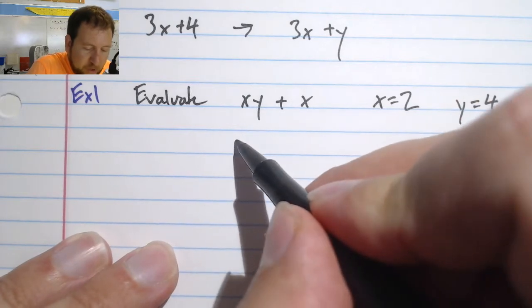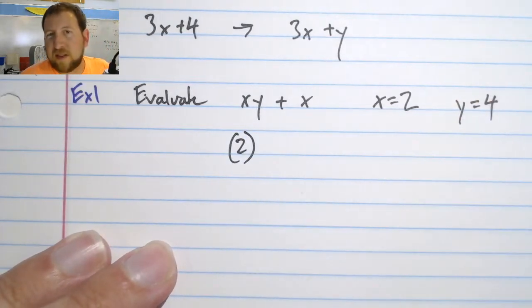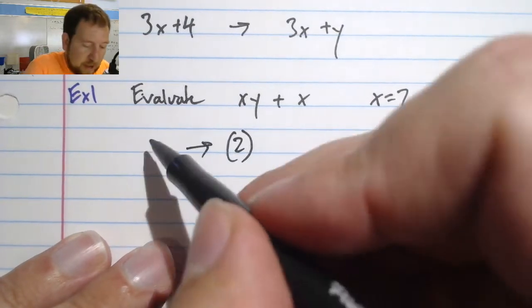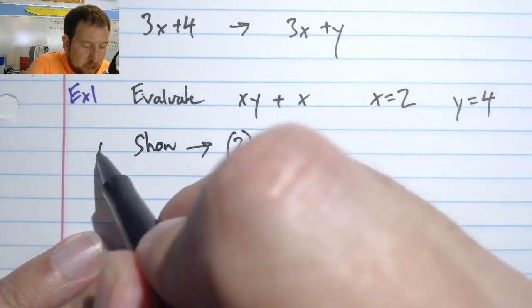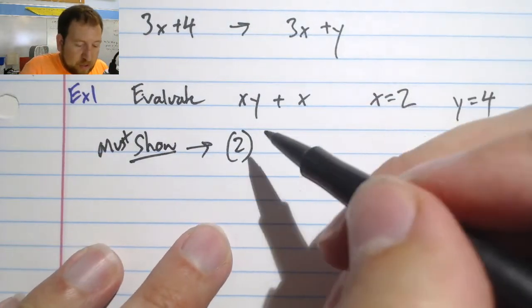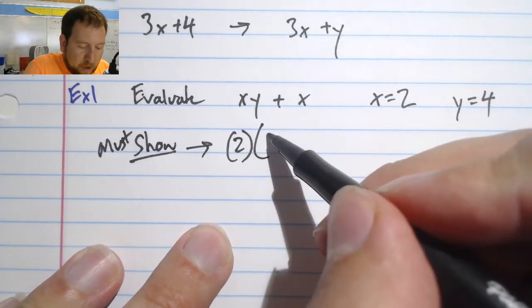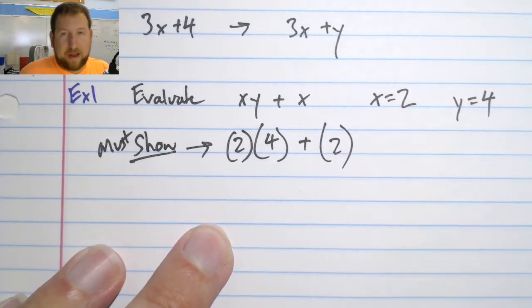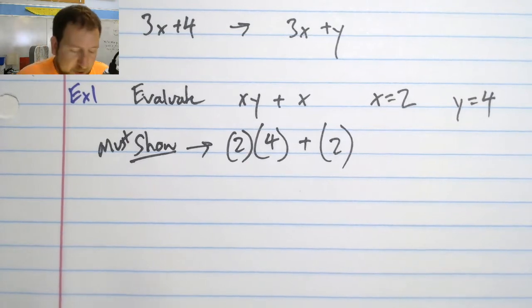x is 2. So, like I said, I like to put those parentheses in when I'm substituting, and I do want to see the substitution step. So you must show this step right here. So 2, then I'm going to put my y in. My y is 4 here, plus another set of x. Okay, now I'm going to simplify it from there.